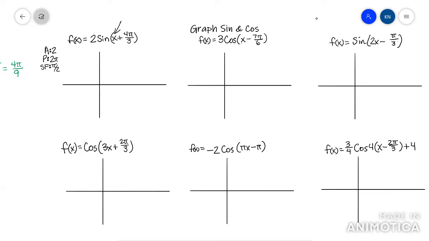Then I'm still going to have midline, which, since there's no shift at the end here, is still just y equals 0. But now I'm going to add one: start. This is going to be my starting location, and I have to find it. The way you find it is you take this whole parentheses part, x plus 4 pi over 3, set it equal to 0, and solve for x.